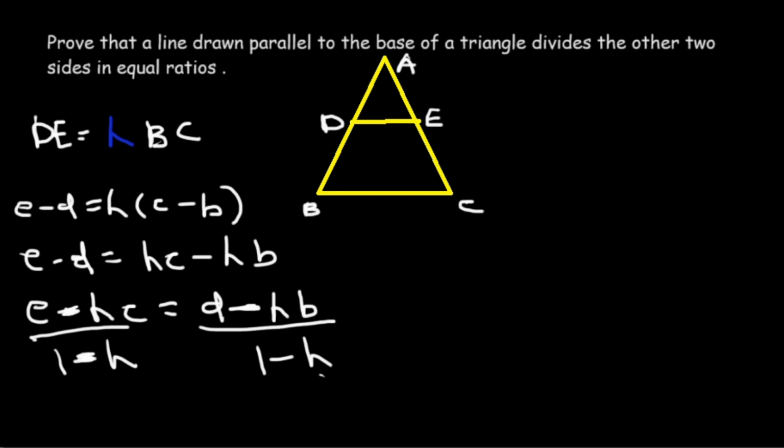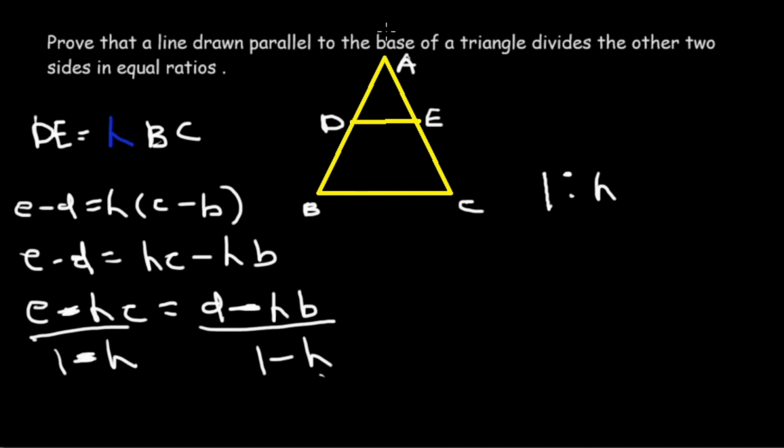So in other words, this also means that any point which divides CE externally in a ratio 1 is to lambda also divides BD externally in the same ratio.